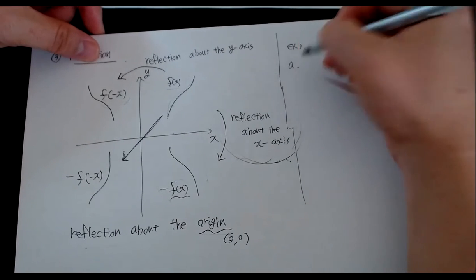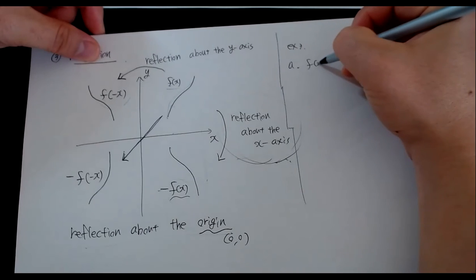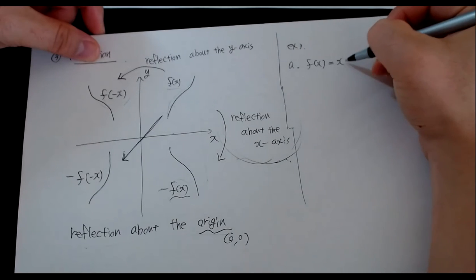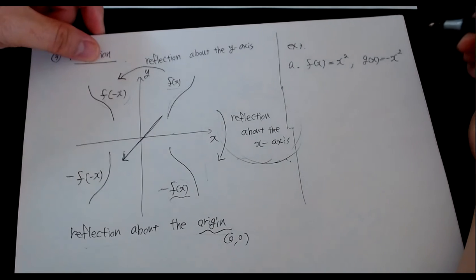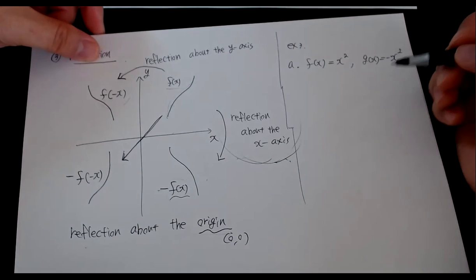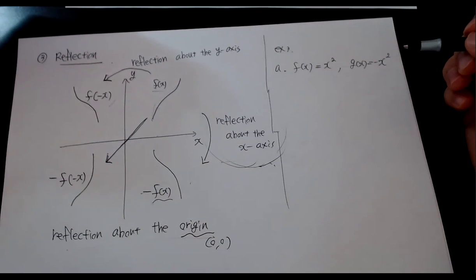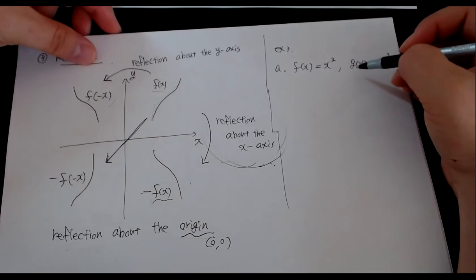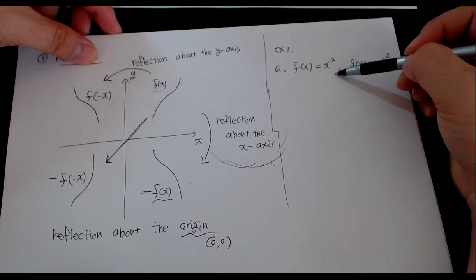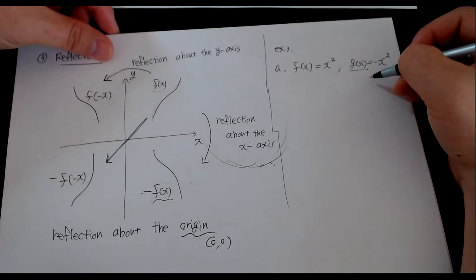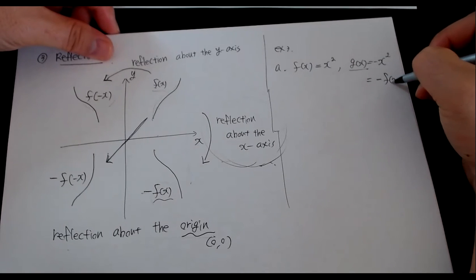We see A. f of x is defined as x squared, and g of x is defined as negative x squared. I told you the very first step is to express g of x in terms of f of x, because we know the graph of x squared, which is the square function, a parabola. So this is equal to negative f of x.